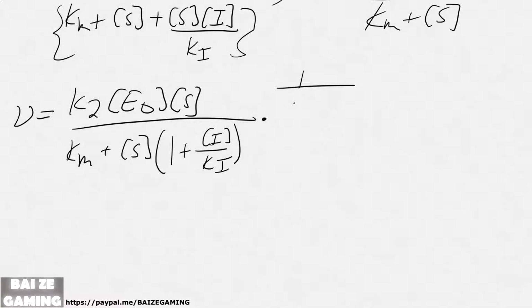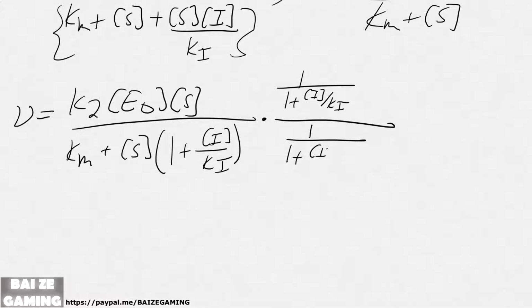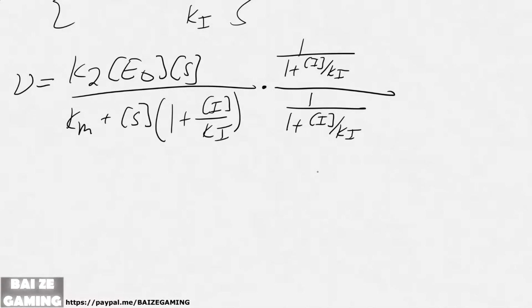If you're not sure how to do that, because I keep saying it, a lot of people have difficulty dealing with fractions. You just multiply it by 1. You know what I mean? See this? This is just multiplying by 1. Don't be afraid. There we go.